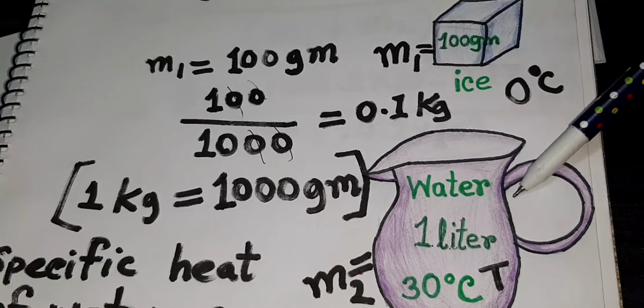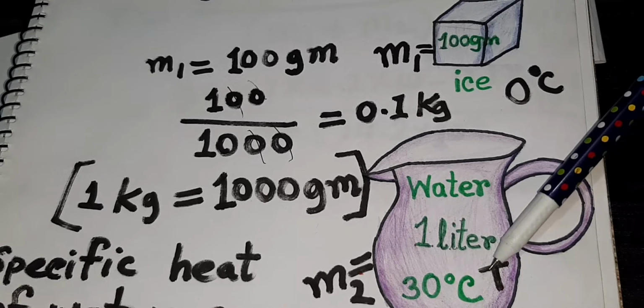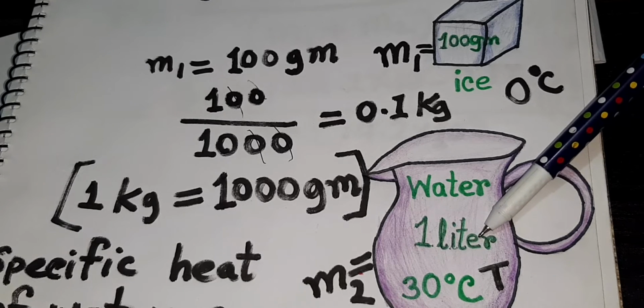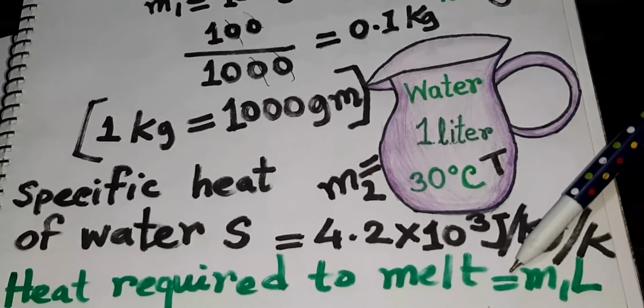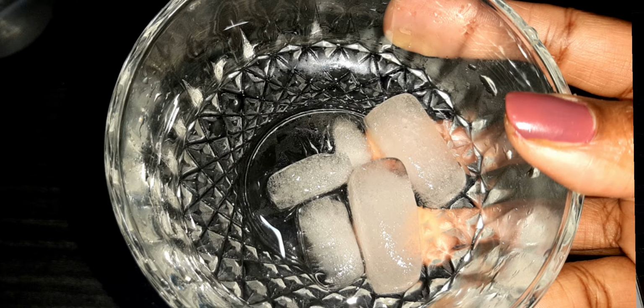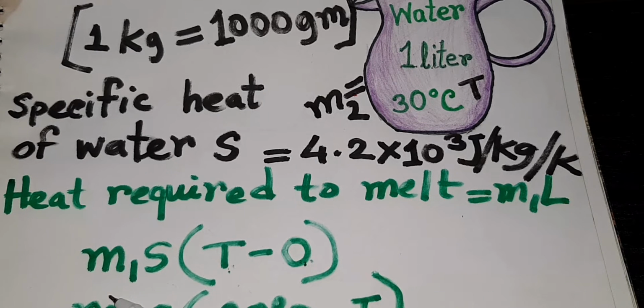Let us consider the final temperature to be T. Alright, so the amount of heat absorbed by ice: the heat required to melt is m1L. And then m1, the mass of ice, times specific heat times the final temperature of water T minus 0 degrees, is the heat required to increase the temperature from 0 degrees Celsius to T after melting.